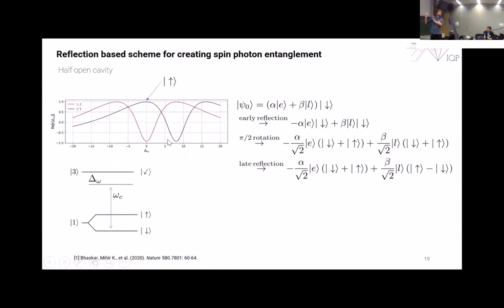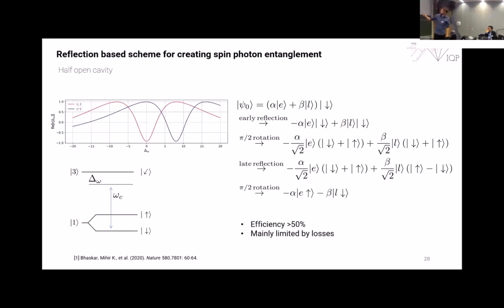And remember, I only showed the real part, so the imaginary part will also be non-zero, so the total reflectivity will be 1. But the trick here is to exploit the phase that you introduce through the spin-dependent reflection. And voila, if you rotate the spin again, you end up with a spin-photon entangled state.